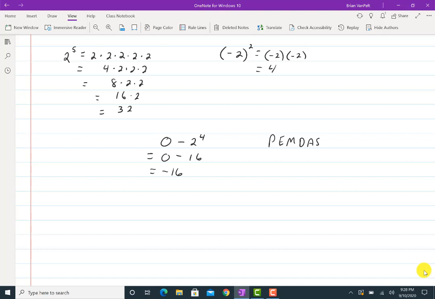So look, this thing right here that I wrote is equal to just negative 2 to the fourth, because 0 minus anything is just that number itself. Or well, you get the idea. So notice that when I write negative 2 in parentheses to the fourth, that's slightly different.